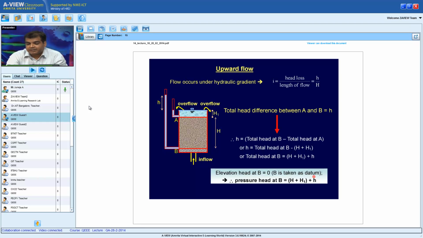If I rephrase this in other words, if I measure the pore pressure at this level at B, the pore pressure would increase by a magnitude equal to small h times the unit weight of water.